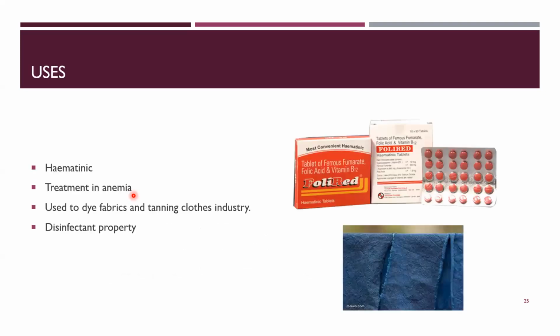Then FeSO4 uses: it is mainly used as a hematinic because of presence of Fe ion in it, thus used in treatment of anemia. It is also used to dye fabrics, in the tanning and clothes industry, and it has a disinfectant property.